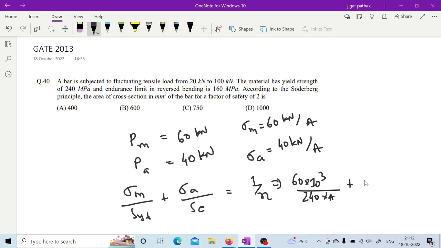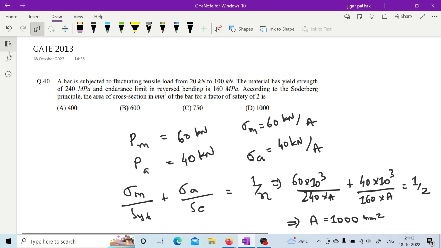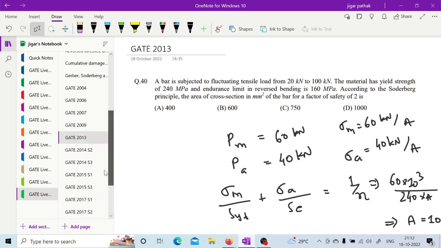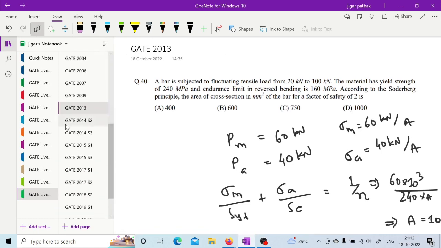Se is 160, right? When you solve this, you will get A is equal to 1000 mm square. Yes, sir. So many questions are asked actually from this area, right? And it is easy, right? Are you getting now what we are solving?